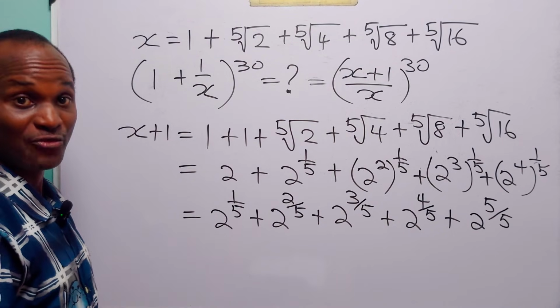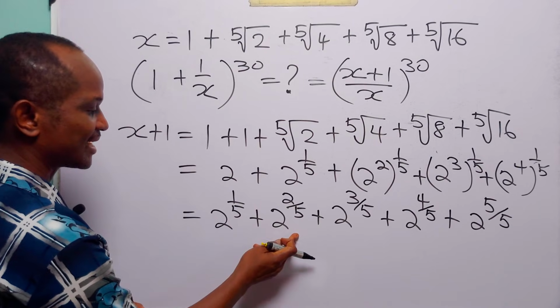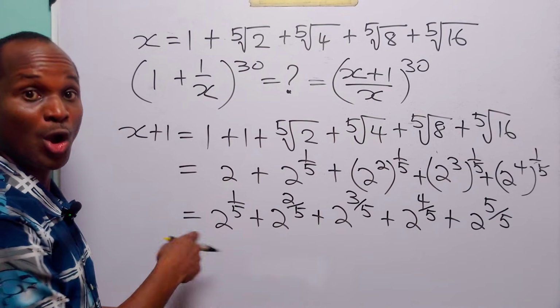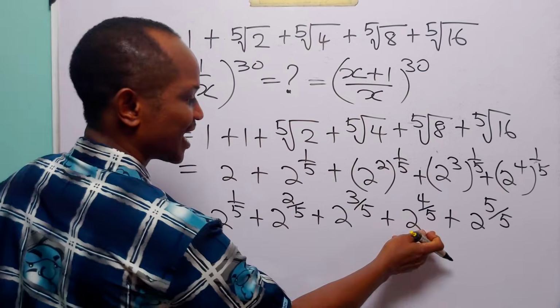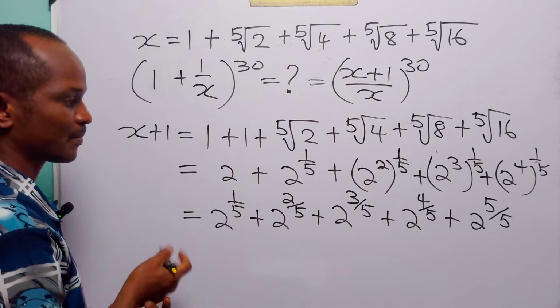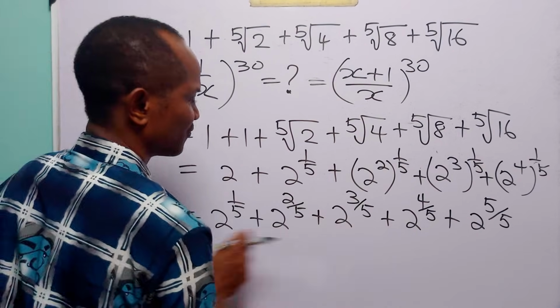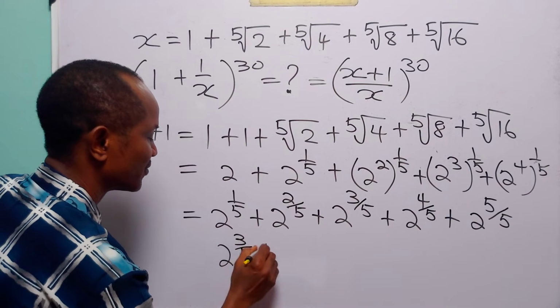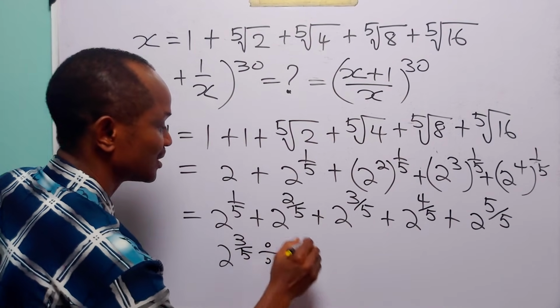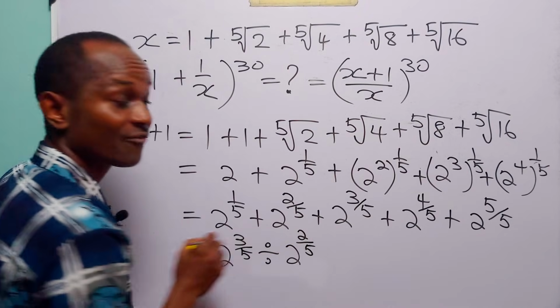Of course, to get the common ratio, what we do is we divide a term by the term before it. For instance, let us take these two: we have 2 to the power 3/5 divided by 2 to the power 2/5.